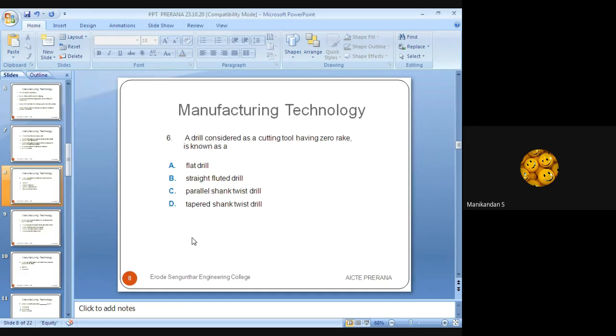Actually, we have to clear the subject. We all studied these subjects, but what is the purpose of going through all this? It is to clear the GATE examination.